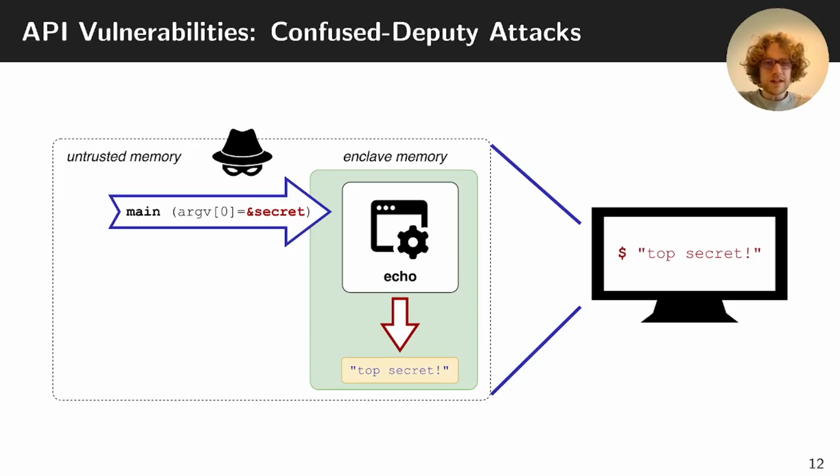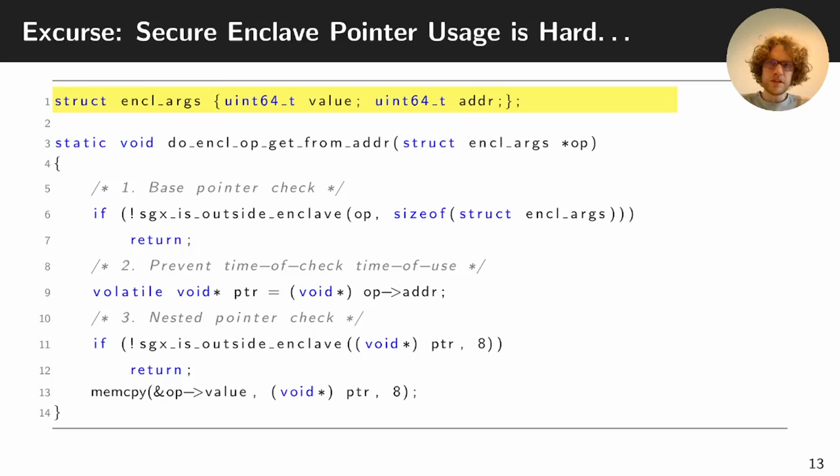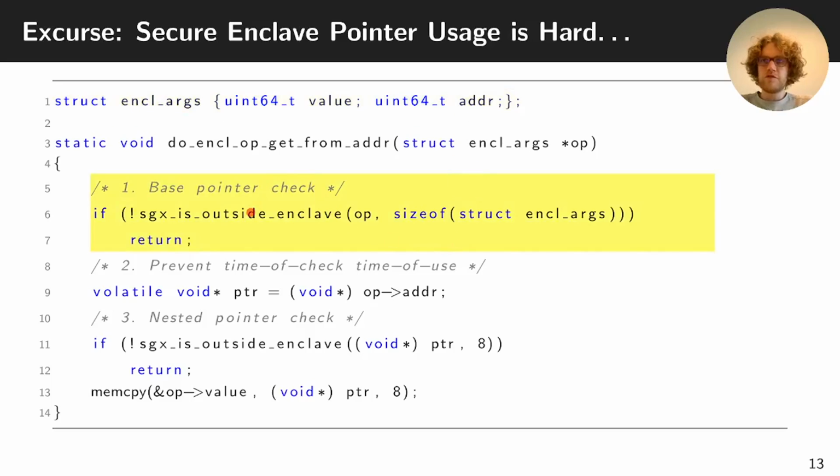Just to give you an idea of how tricky it can become in practice, here you see an example enclave, a bit more complex with a composite argument, so a struct argument with 2 values, an integer and an address, a pointer. If you want to securely handle that, you would have to start by copying the full composite struct, by checking that the full composite struct lies outside the enclave.